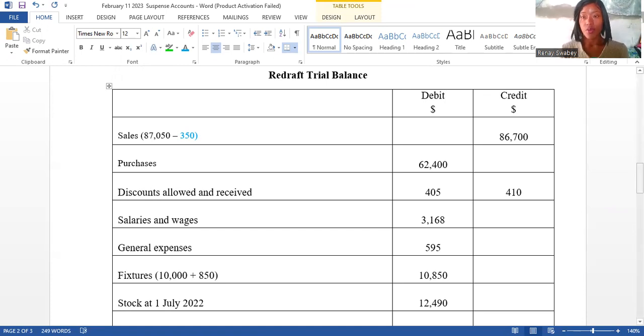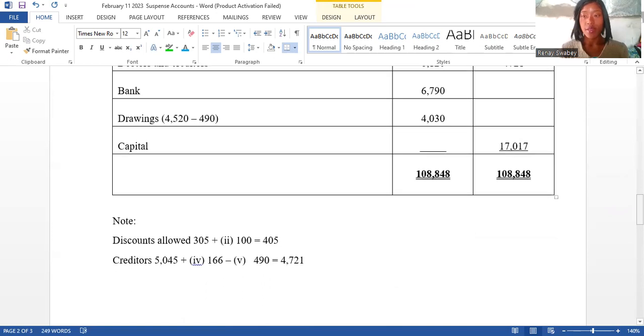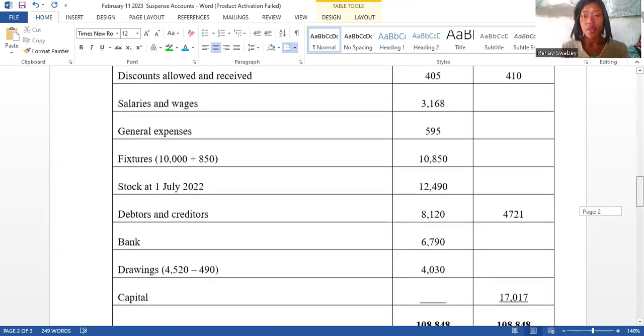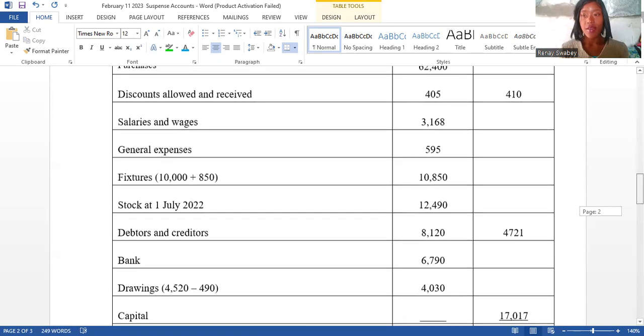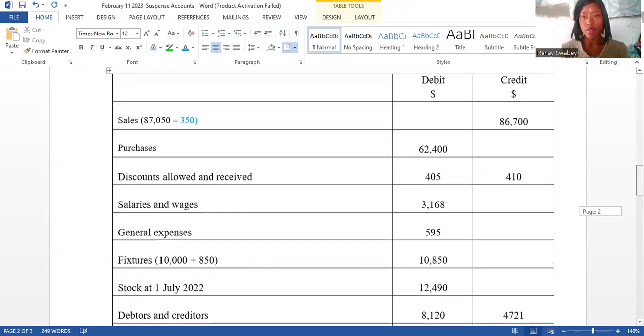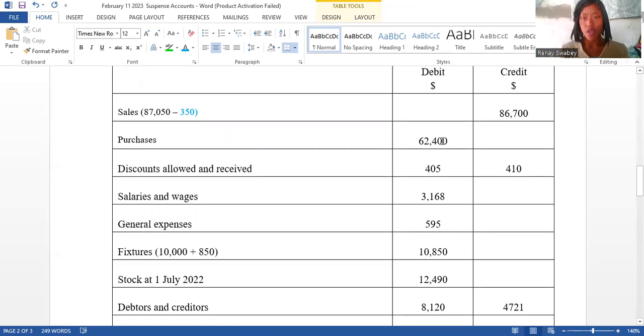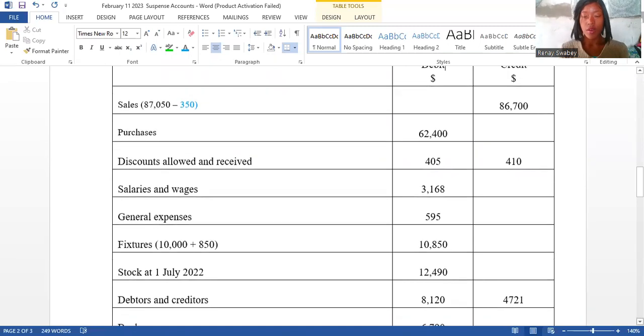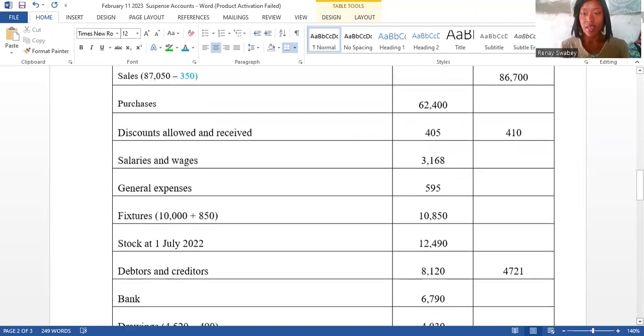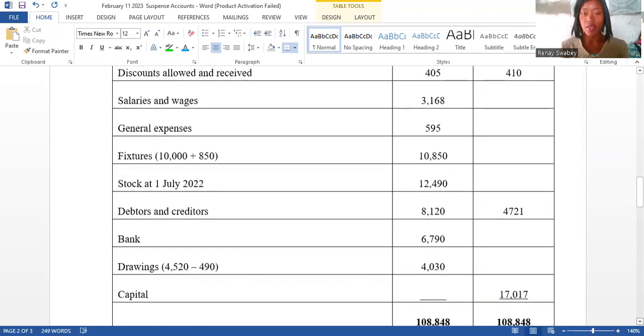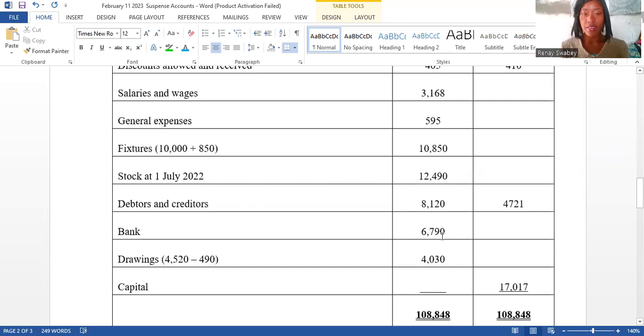Now, let us move on to the totals. We have to balance both sides of the account. I want you to punch in $62,400, $405, $3,168, $595, $10,850, $12,490, $8,120, $6,790, and $4,030.